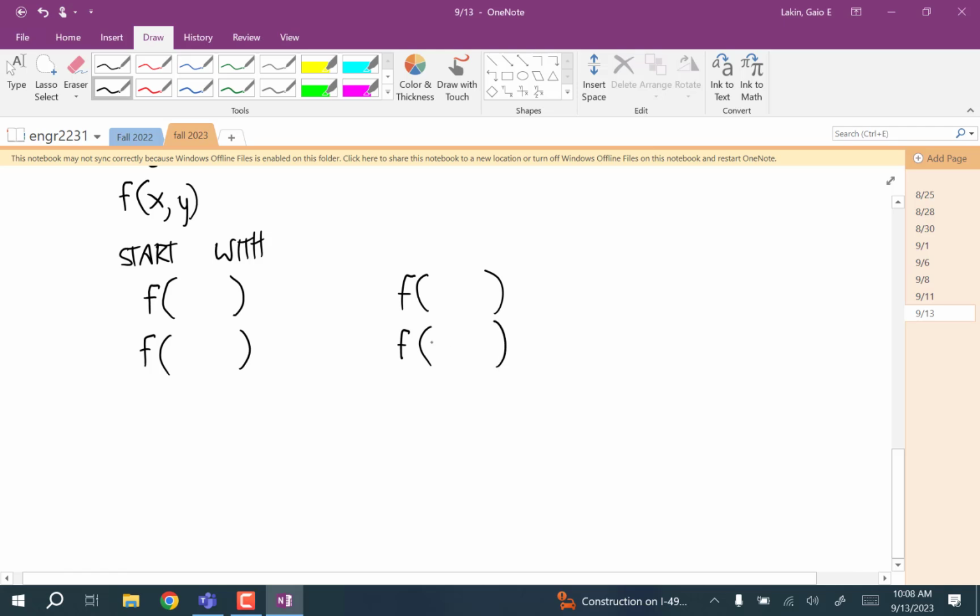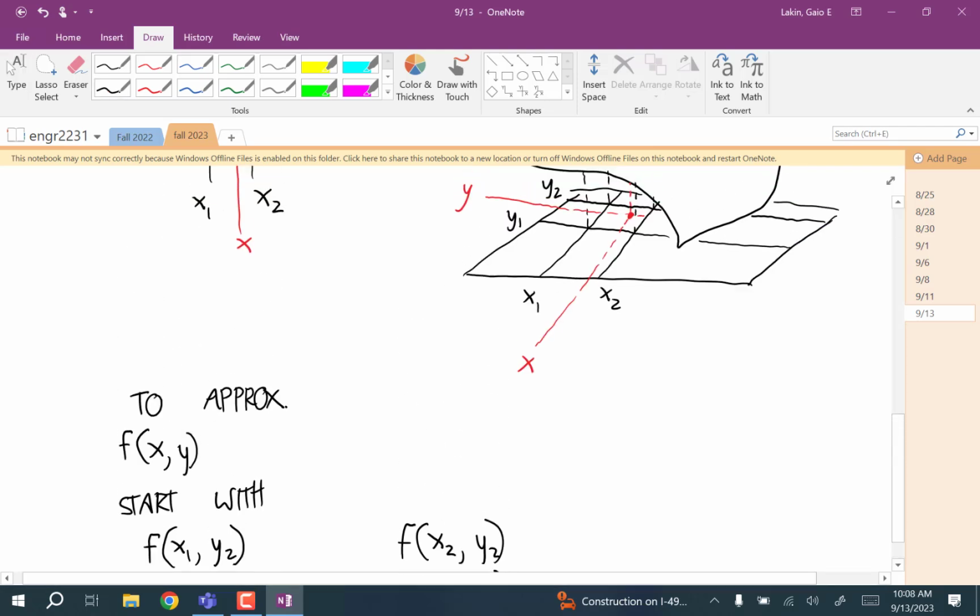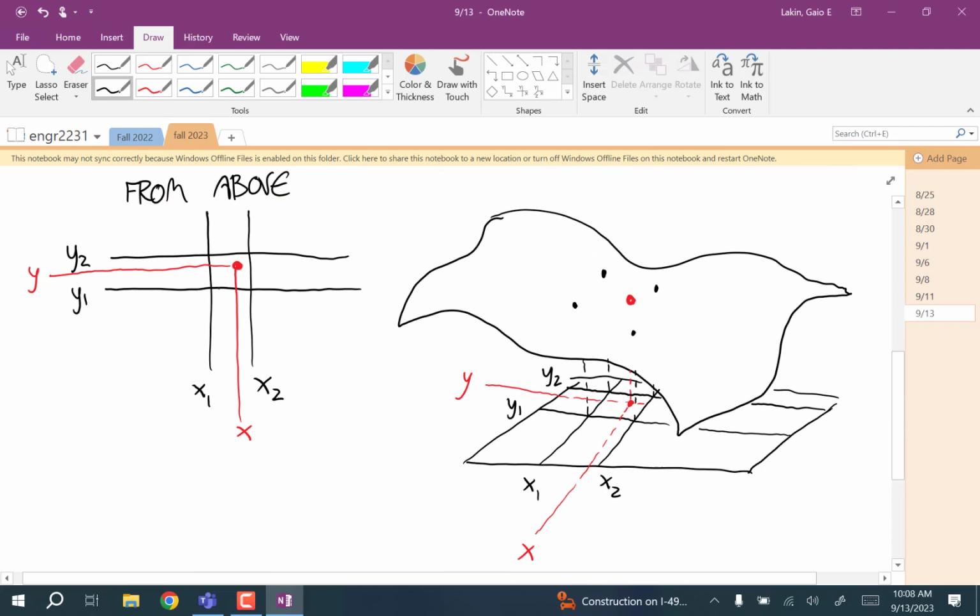Over here, this is the function of x1, y1. This is x1, y2. This is x2, y1. And this is x2, y2. I position them in the location that corresponds to this picture here.